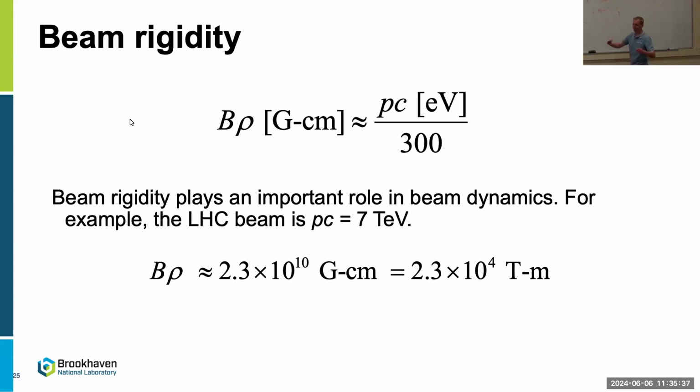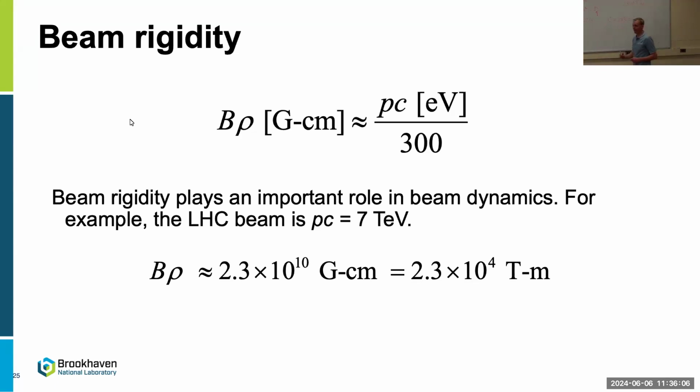So, the LHC beam makes a complete circle. The circumference, which equals 2 pi r, equals the number of dipoles times the length.